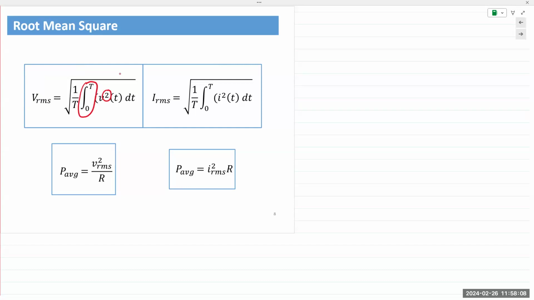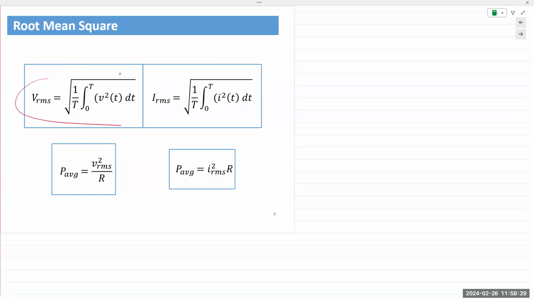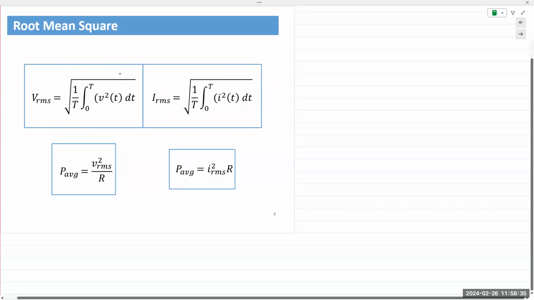Then average it out, 1 over T, and then finally you take the square root. Make sense? Hence the square root of the mean of the square of the waveform. And it works for both voltage and current: V RMS, I RMS.